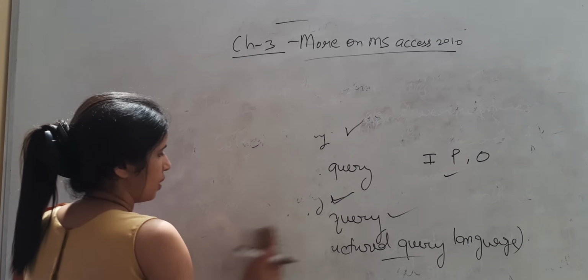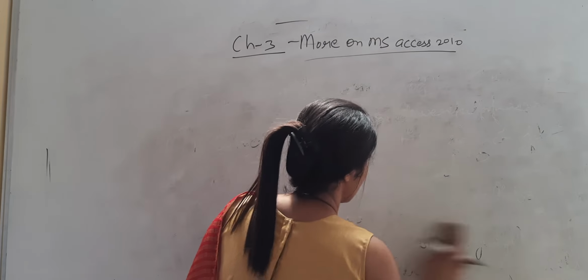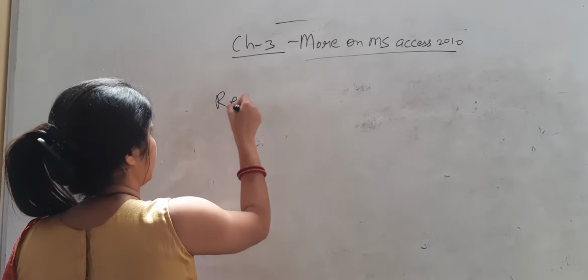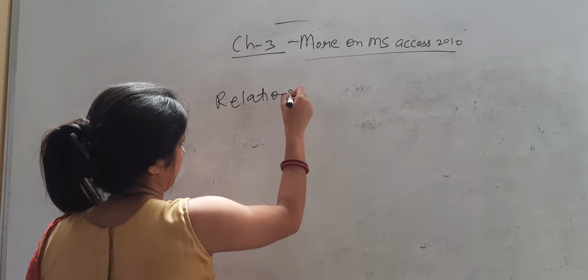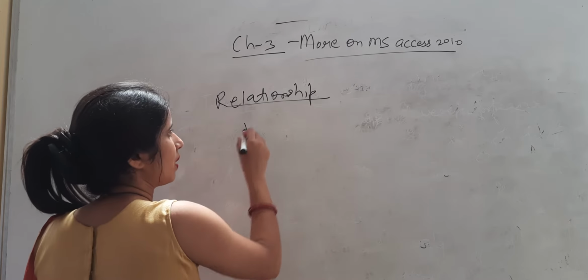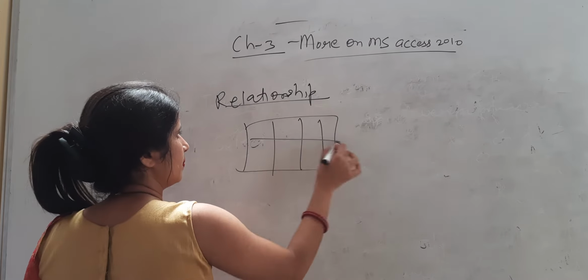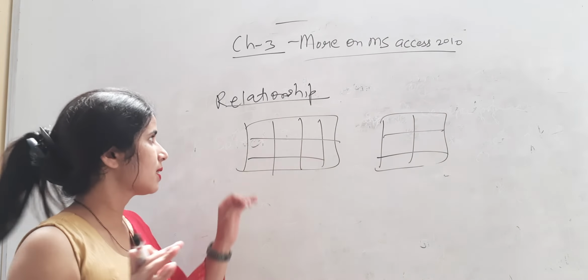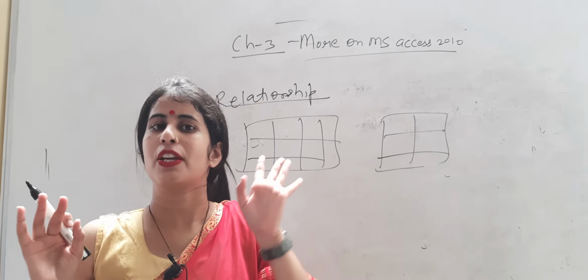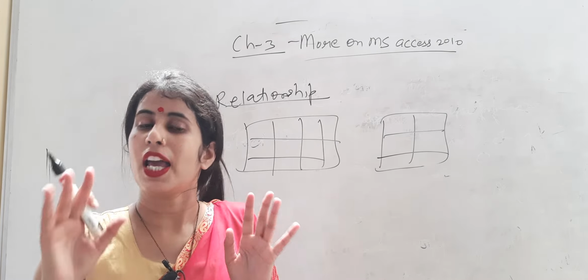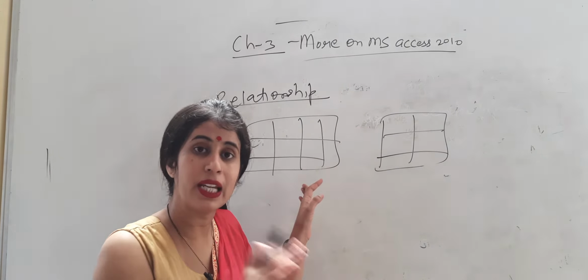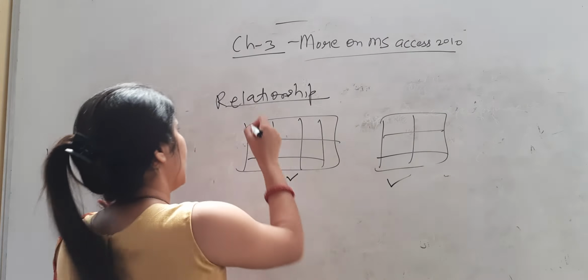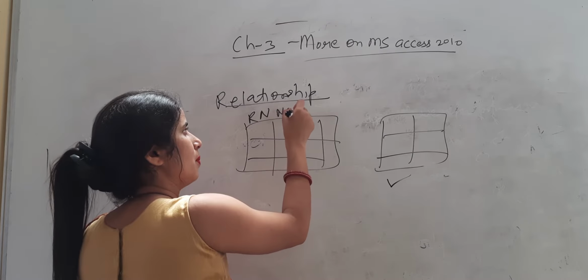Okay, now what is a relationship? At first, what is a relationship? Two tables are here. One is this, it is having two fields only. So what is the relationship? Relationship is a way to associate one field of this and one field of this. Here it is roll number, name, class.